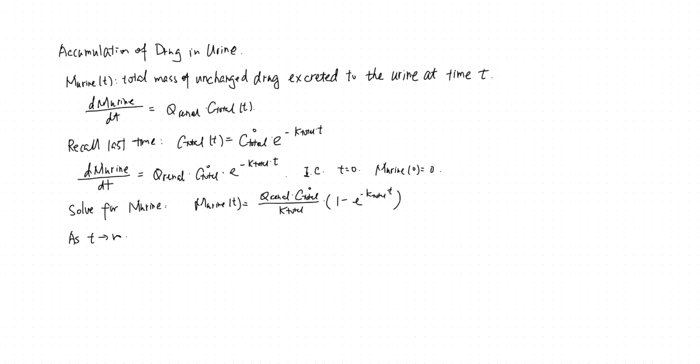If t goes to infinity, then the exponential term almost vanishes. So we would have M urine infinity, that means the total amount of accumulation over a long time, equal to just the coefficient in the front.